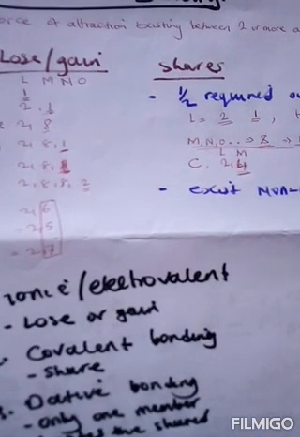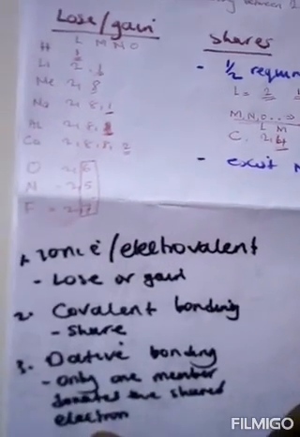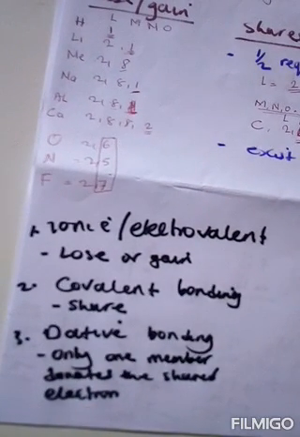Sometimes 2 elements will come together to share their electrons, but among the 2, the shared electrons just come from one particular atom. So the bond formed there, we call it a dative kind of bonding. So now let's go into detail on each of these types of bonding.